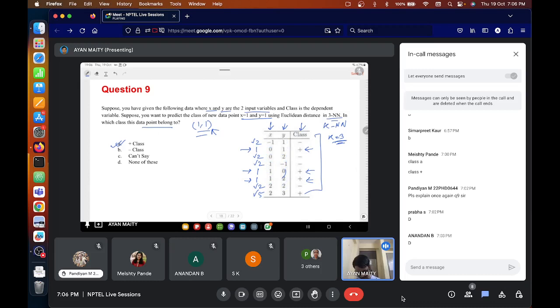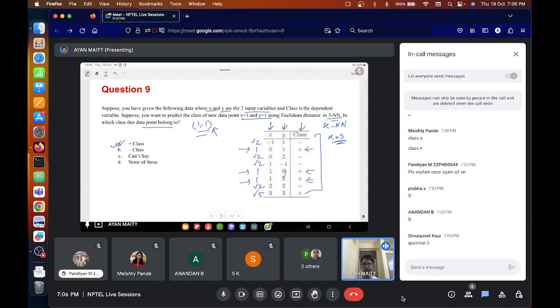These are the distance values: root 2, 1, root 2, root 2, 1, 1, root 2, root 5. These are the distance values from this new data point to each of these training data points. And then you have to find the three closest data points. And these are the three closest data points: this one, this one, and this one. For all the other points, the distance values are much higher than 1.